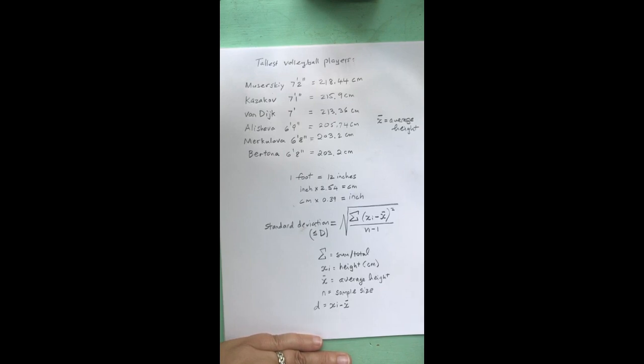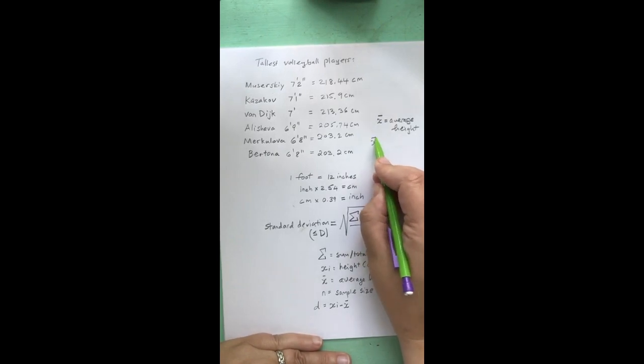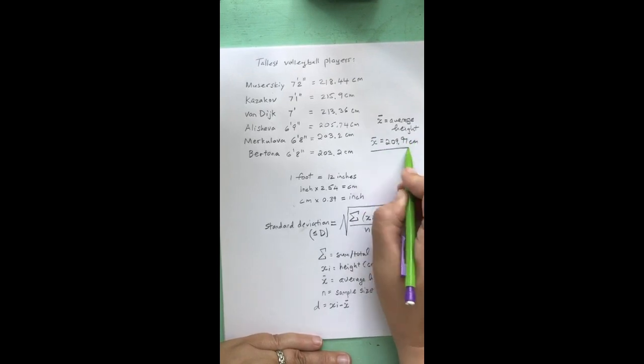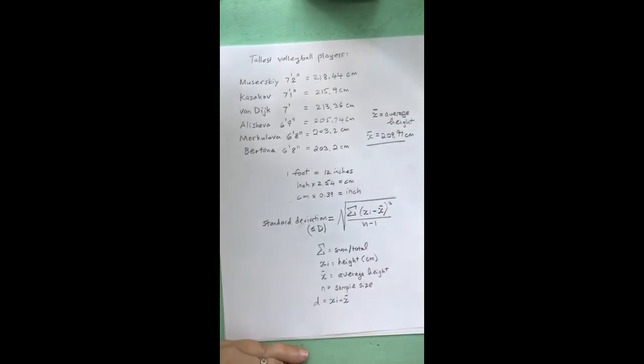If you make a mistake, start over. I make mistakes, I start over. It happens. So divide your answer there by 6, and then you can round to 2 decimals. We always prefer to round to 2 decimals in biology. So there we go, our average height is 209.97.